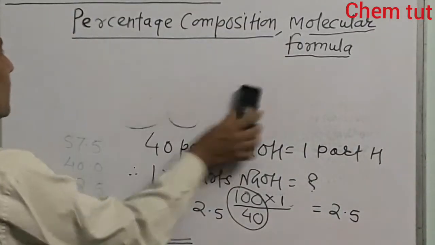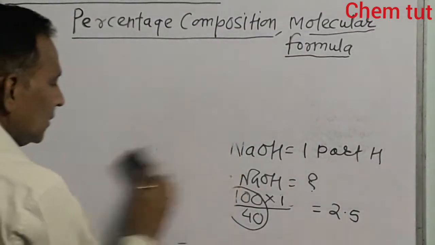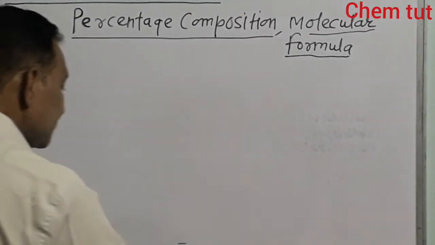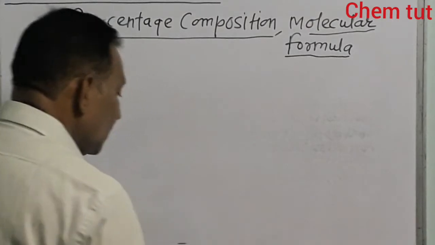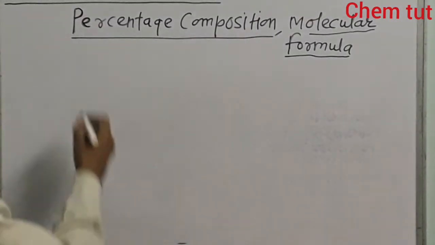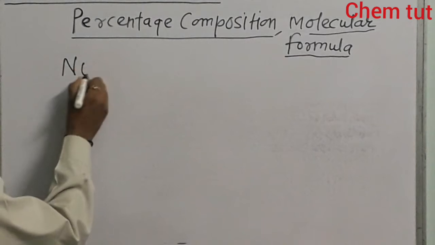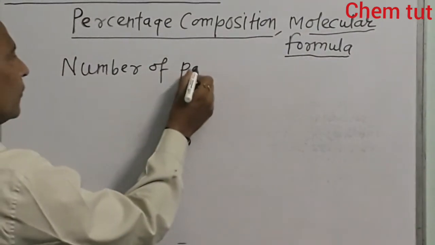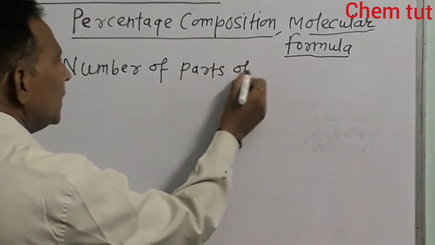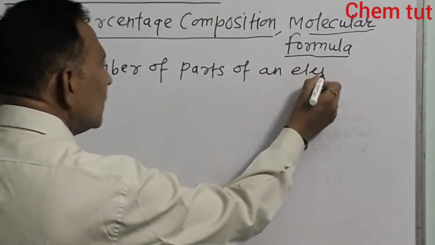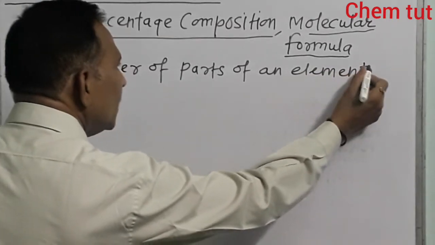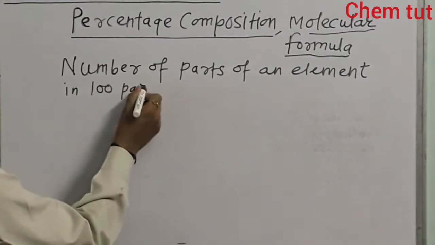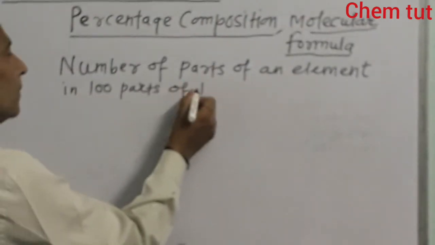So what is the meaning of percentage composition? Percentage composition is nothing but the number of parts of a given element in 100 parts of the compound.